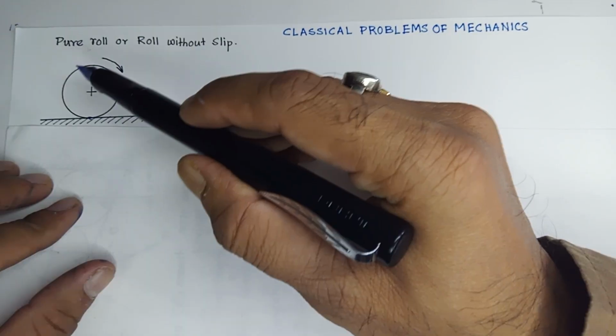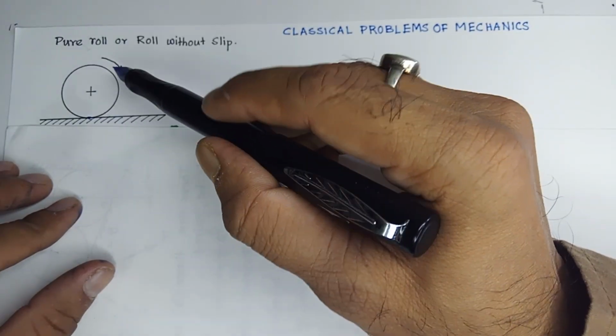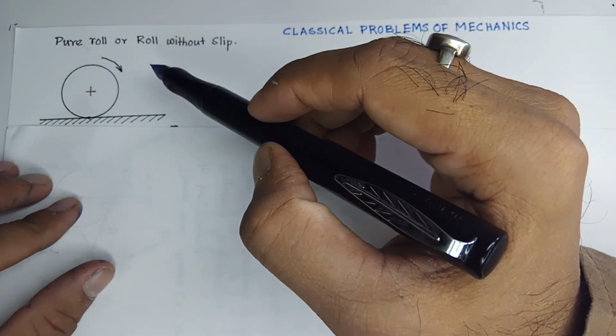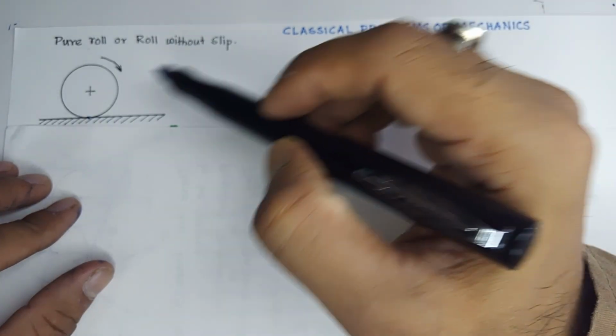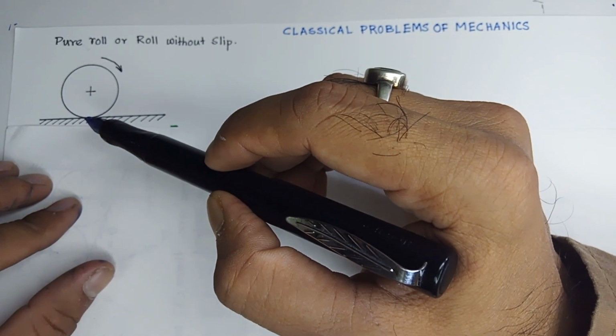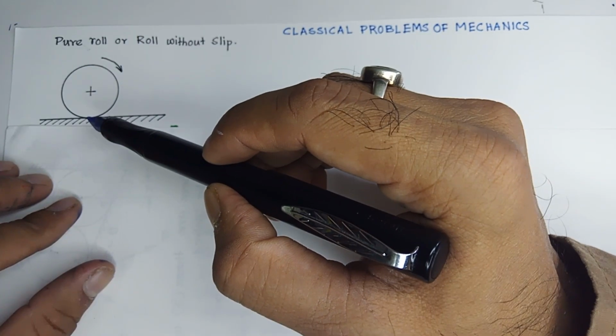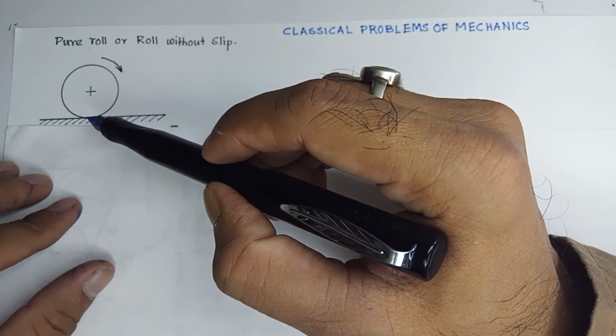This is a special kind of rolling, called pure roll, where the roll is taking place without any slip. That means when it is rolling, at the point of contact there will not be any slip.